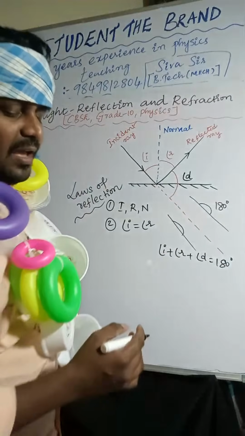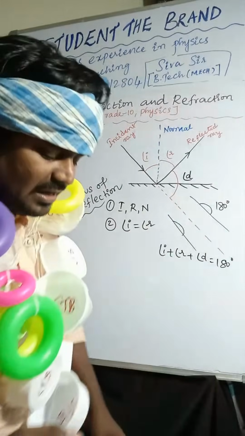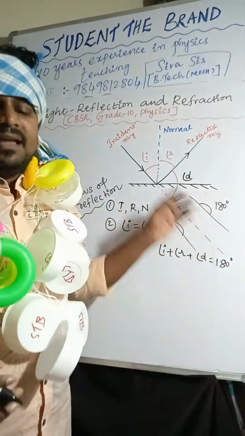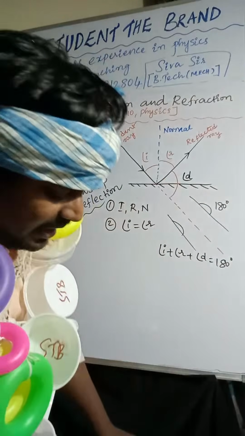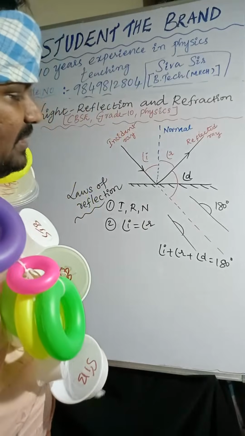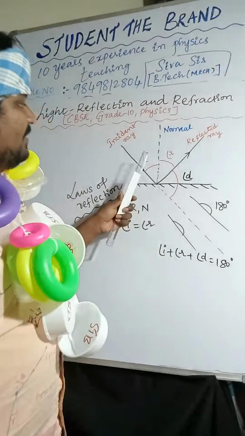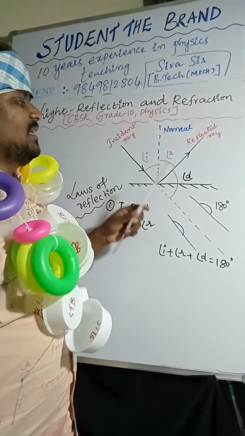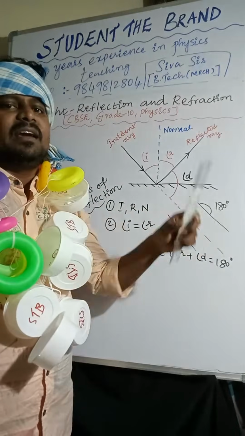Everybody listening? Angle of incidence plus angle of reflection plus angle of deviation equals 180 degrees.